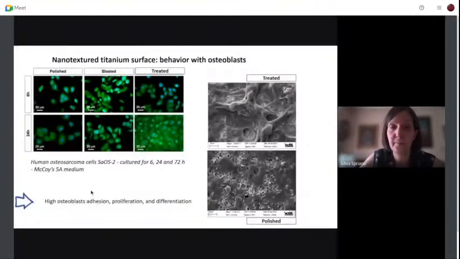And regarding the behavior of osteoblasts on this surface, you can see that at one day you have a larger amount of osteoblasts, and you have a strong differentiation of the osteoblasts. You can see that they are very flat on a usual etched dental surface, such as SLA, while they are 3D on the treated surface, because the topography is able to induce this differentiation.